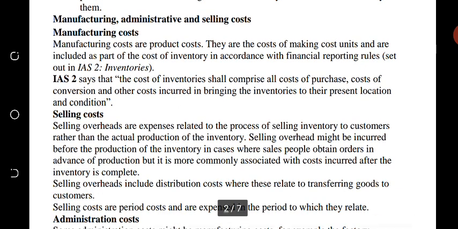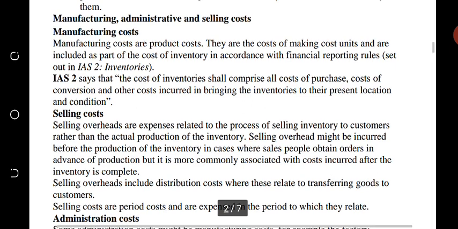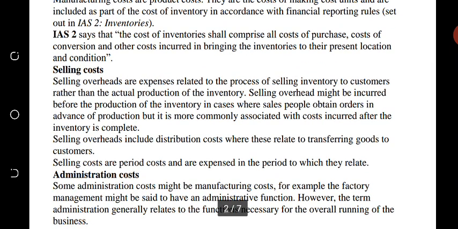So that is to say, under IAS 2, when we want to value our inventory, we use absorption costing. IAS 2 says that the cost of inventory shall comprise all costs of purchase, costs of conversion, and other costs incurred in bringing the inventory to their present location and condition.